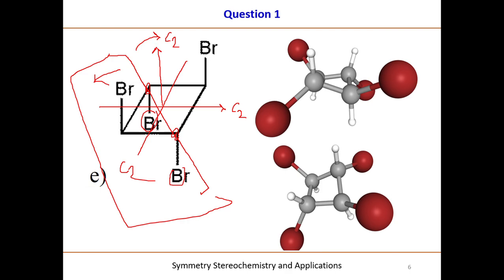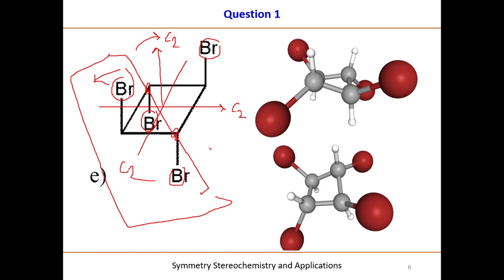These are indistinguishable because here bromine is upside, here also bromine is upside. That means we have a plane of symmetry. After passing the plane, we are getting a symmetrical half. That's why it's the plane of symmetry.